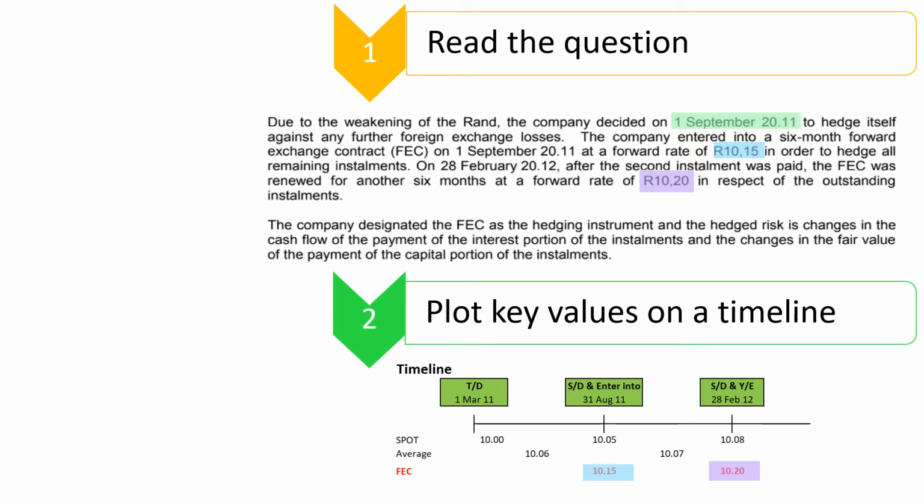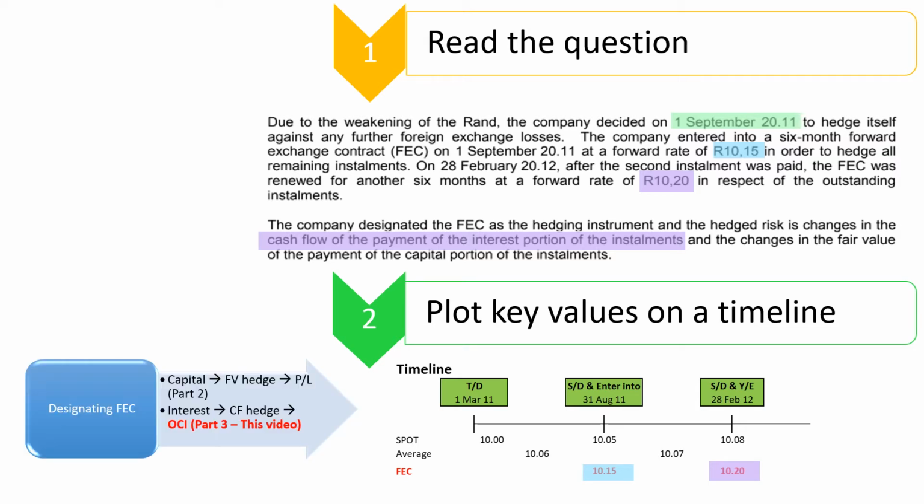Upon reading the question, a key focus area for this video is on the last paragraph. The company designated the FEC as the hedging instrument, and the hedge risk is changes in the cash flow of the payment of the interest portion of the installments and the changes in the fair value of the payment of the capital portion of the installments.